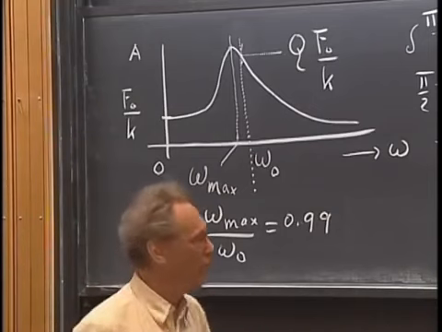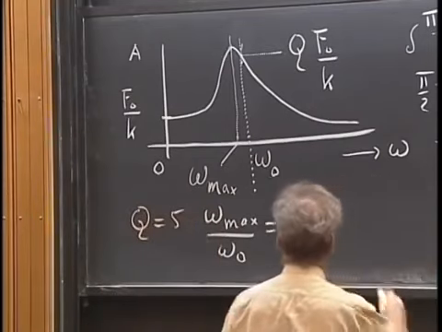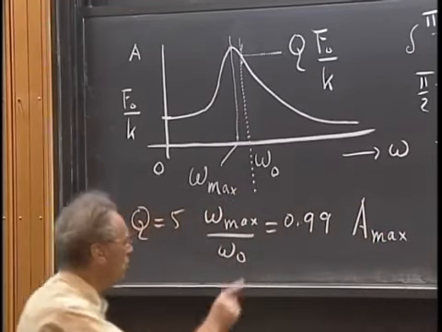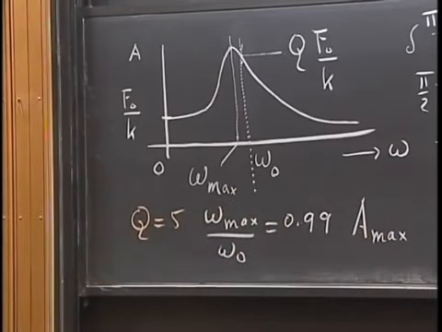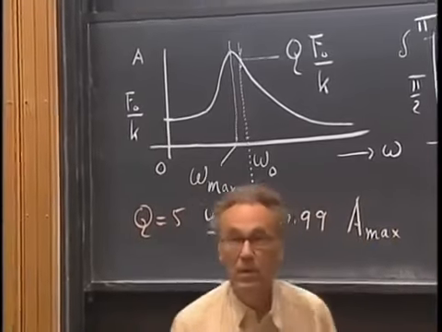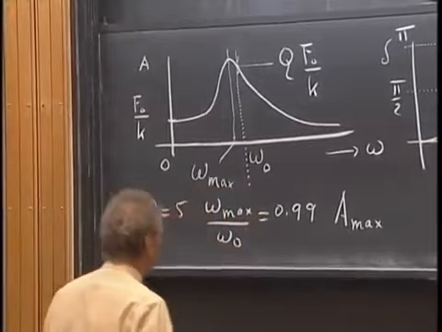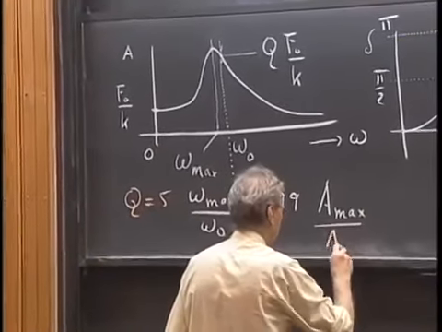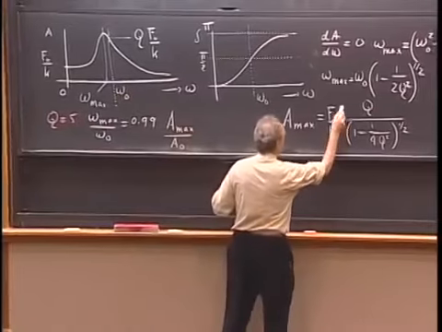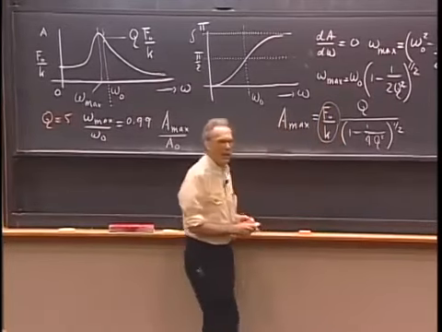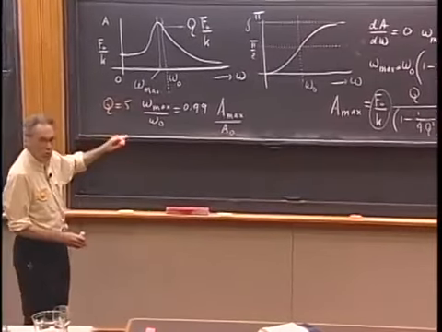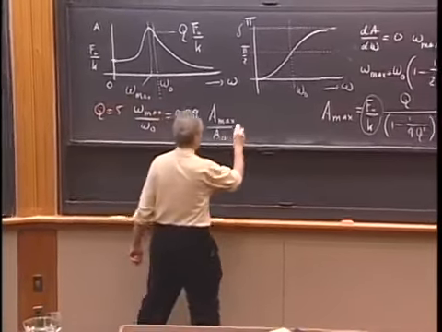And then if you want to know now what A max is, so you would think that A max is very close to Q times F0 over K, but it is not Q times, it is a little larger. And so if we find A max divided by A0, now A0 is meant to be the amplitude when omega equals 0, that is a shorthand notation, this number is not Q, a little higher, it's now 5.03.